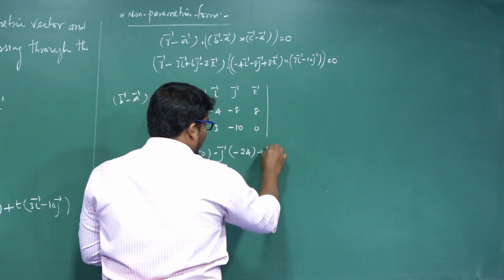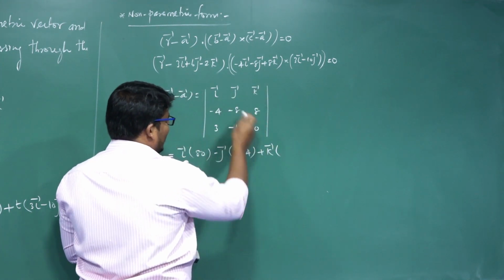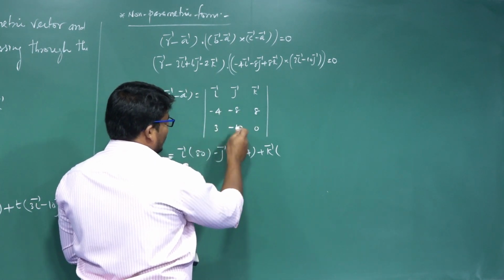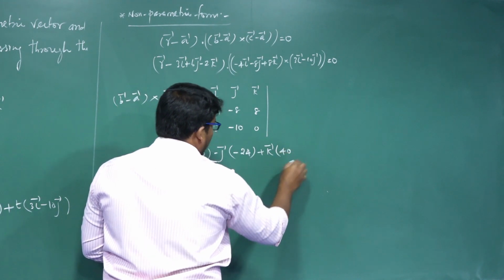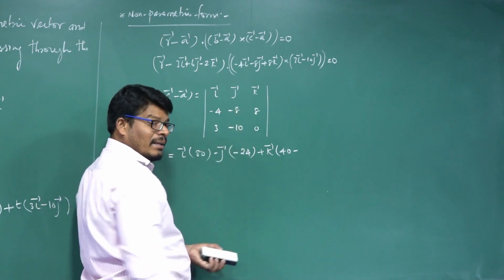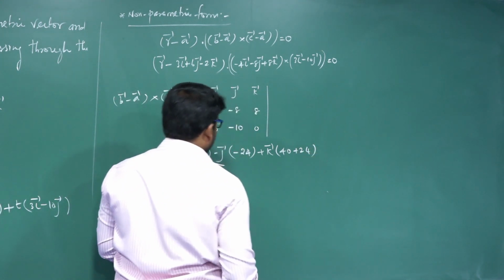Next, taking the element k vector, eliminating its row and column, we get the minor matrix: minus 4, minus 8, 3, minus 10. Minus 4 into minus 10 is plus 40, and minus 8 into 3 is minus 24, so minus of minus 24 is plus 24.